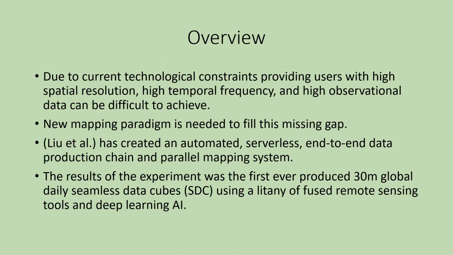So just a little overview here from the paper as it begins. The ability to achieve high resolution and high frequency observational data can be difficult to achieve based on the current technological constraints. So what this team did was make an entirely new paradigm for mapping, in order to fill the gaps that they believe are missing.